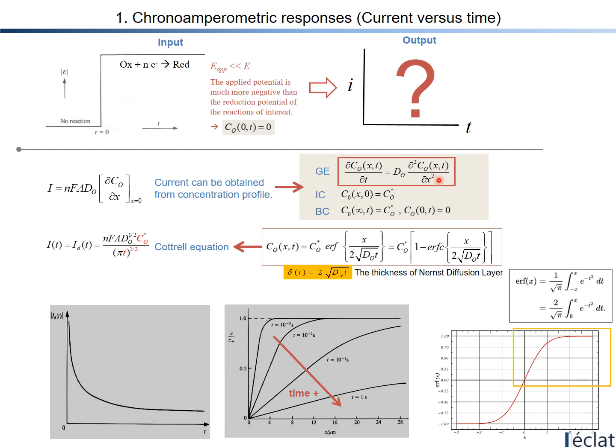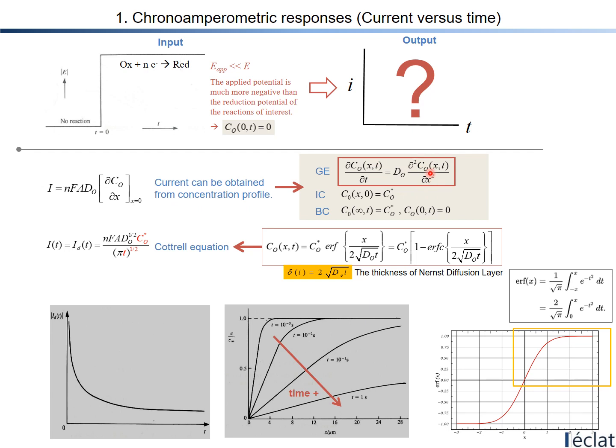We have assumed one-dimensional diffusion toward the electrode or out of the electrode. Only in that case could you simplify the Laplacian operator into just d²/dx². This partial differential equation is the governing equation for the diffusion process of mass-transfer-limited systems.